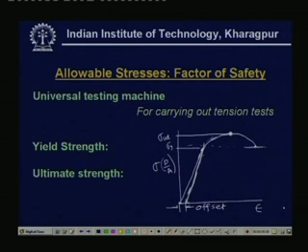What is this offset? It is basically something around 0.2 to 0.5% strain based on gauge length.